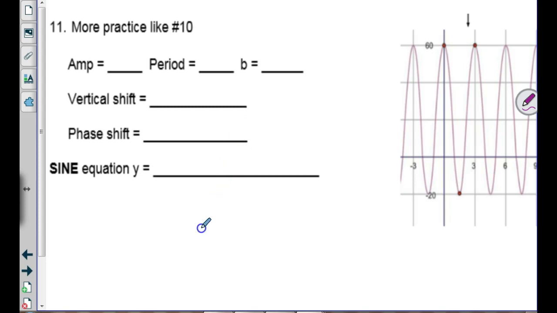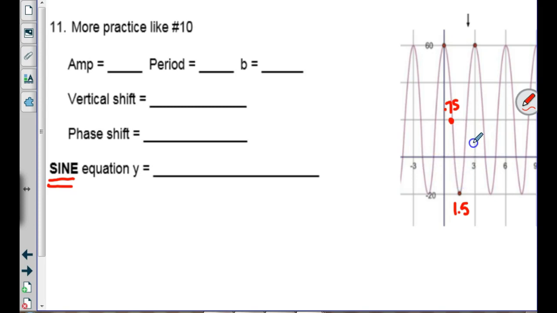All right, what's happening here? We have to do sine again. Let's write a sine equation. So if this is 3, halfway to 3 would be 1.5. Half of that would be 0.75. But I don't know, is that where you want to start?